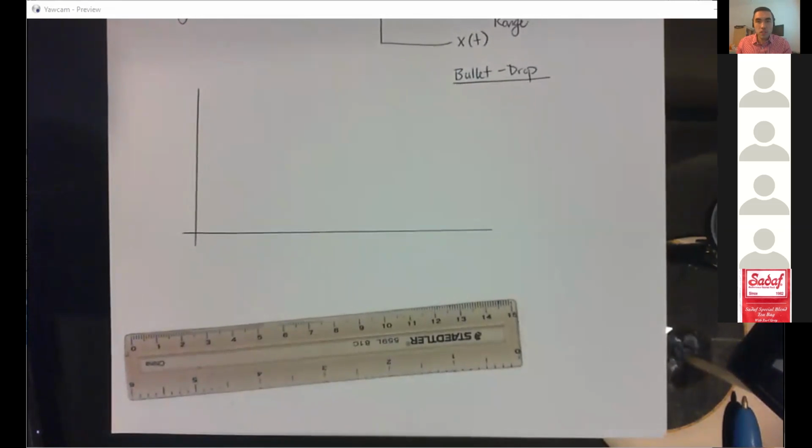So for the bullet drop experiment to work, the bullet which is being fired has to be fired parallel to the ground. And what are we comparing it to? Oh, was it another bullet with a different angle? Another bullet which is not a different angle, another bullet which is just being dropped. Oh, okay. So we fire one projectile to the side at an angle of 0, and at the same time we drop one projectile straight down.